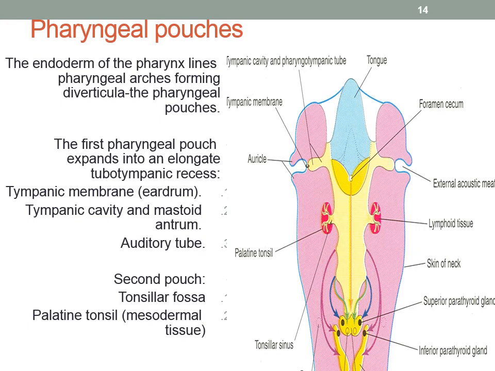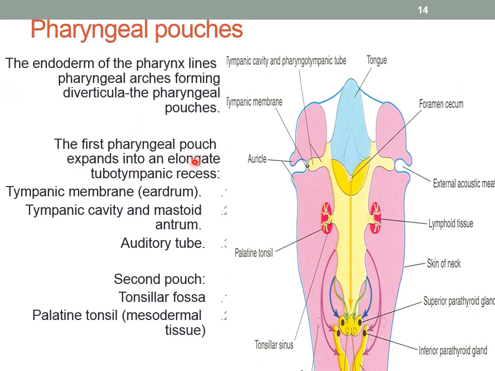What about the pharyngeal pouches, which are found from inside? The endoderm of the pharynx lines the pharyngeal arches, forming diverticula called the pharyngeal pouches. As we see here, on the inside we have these pouches.